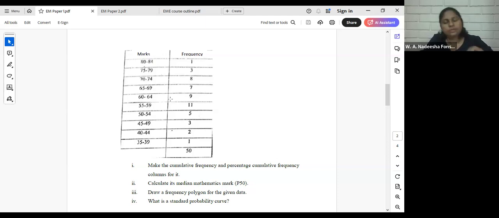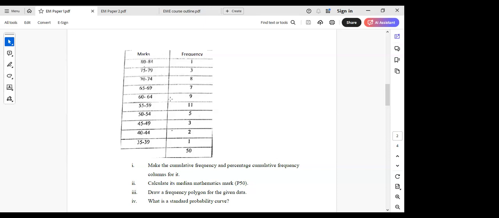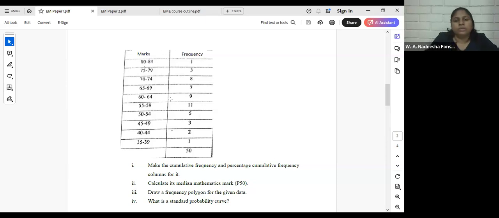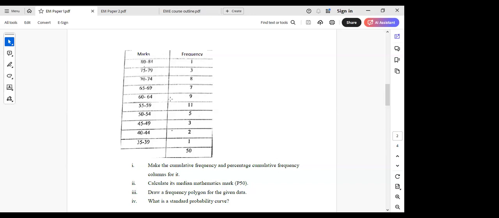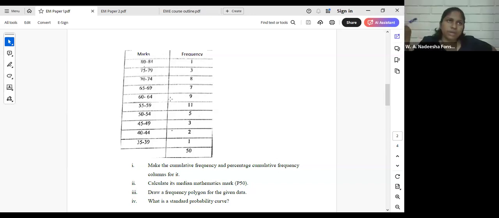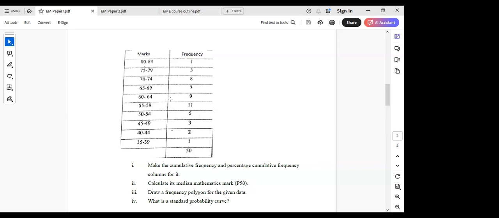What is the equation? L plus n by 2 minus f, into i.